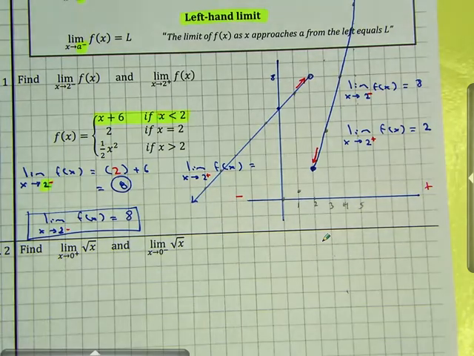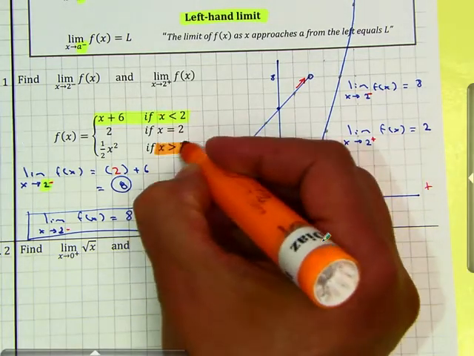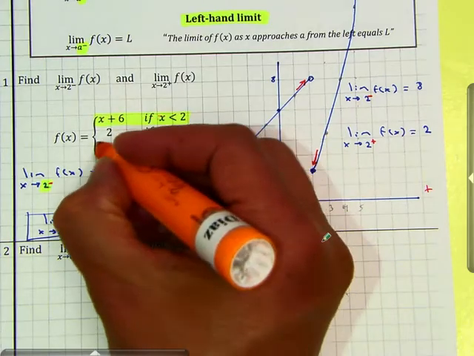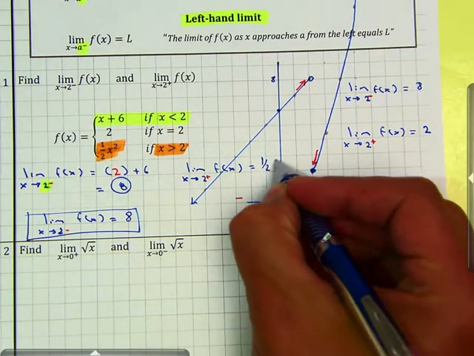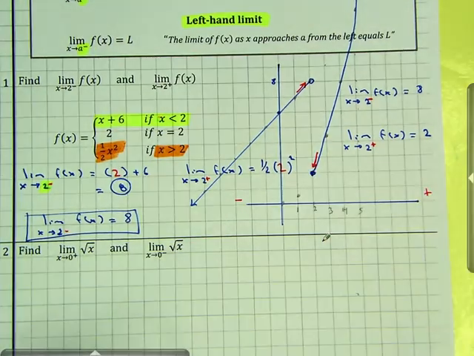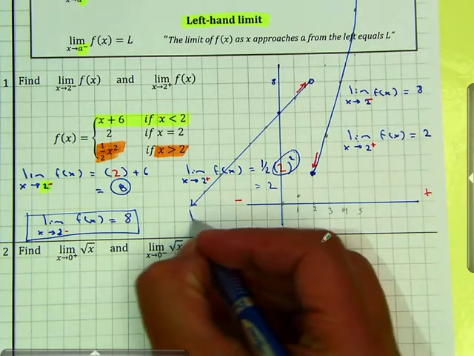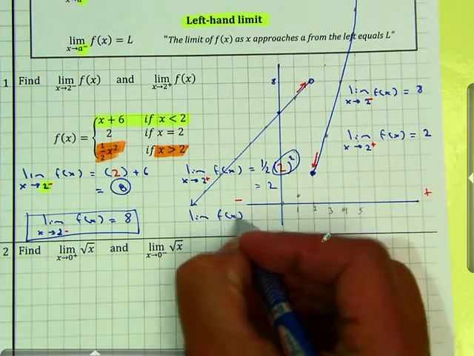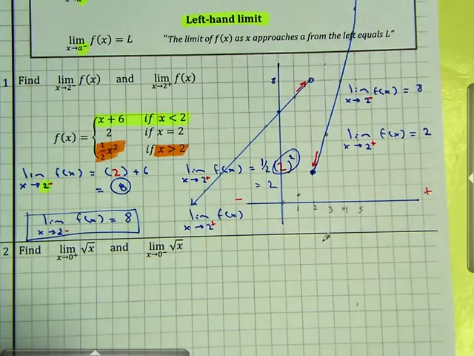So from the right, we are going to use the other equation, which is from here. We're going to use this equation, and we're going to plug in a 2. So therefore, it'll be 1/2 times 2 squared. That gives me 4, half of 4 is 2. So therefore, the limit of f of x as x approaches 2 from the right will be 2.